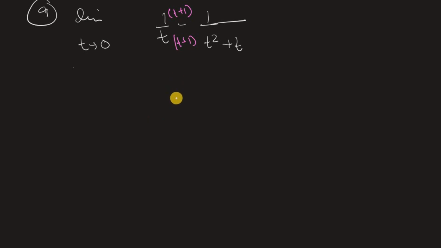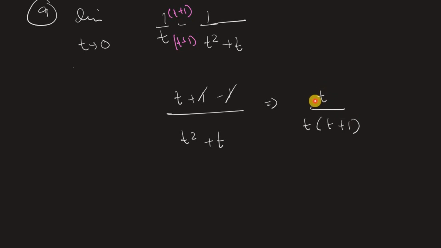So if we multiply this, at the top we get t plus 1, negative 1, and at the bottom we get t squared plus t. Okay, and now we can cancel out this 1 and negative 1, and afterwards if you factor out the t at the bottom, you get t plus 1, and then you can cancel out the t and t, and you're basically left with 1 over t plus 1. So now you can put the limit in, so you get 1 over t plus 1. If you solve this, you'll end up getting a 1.